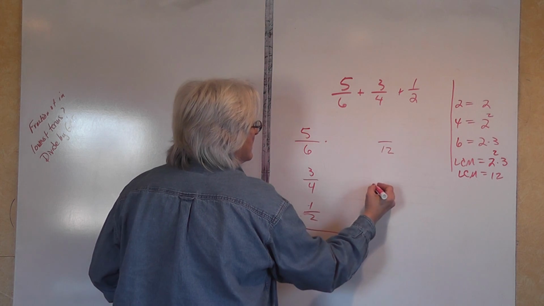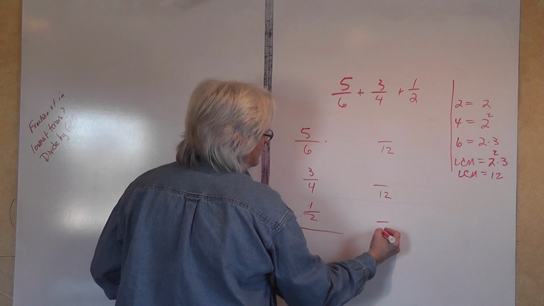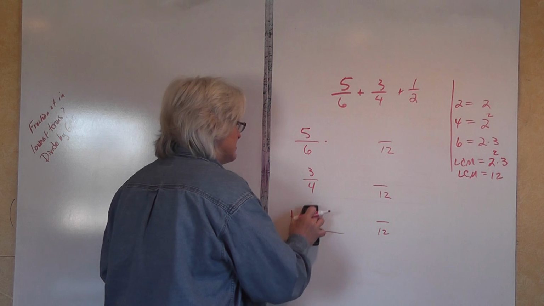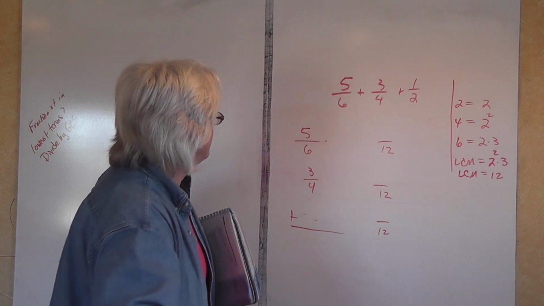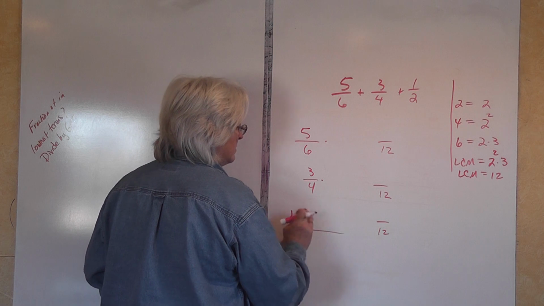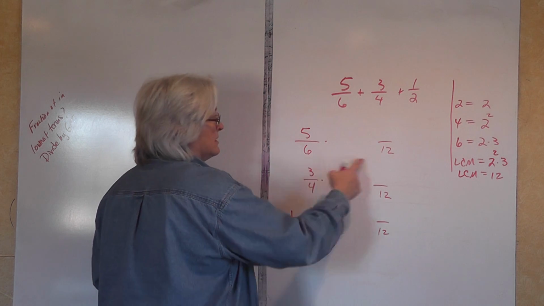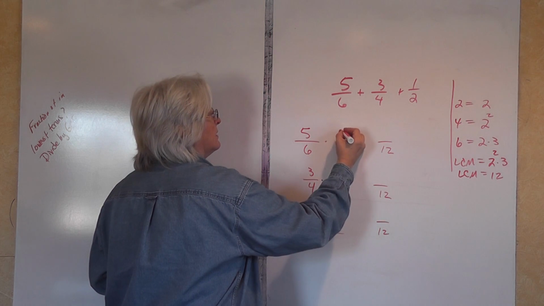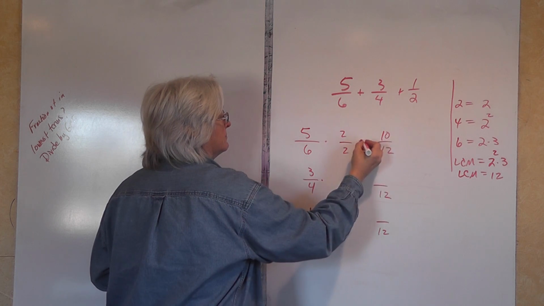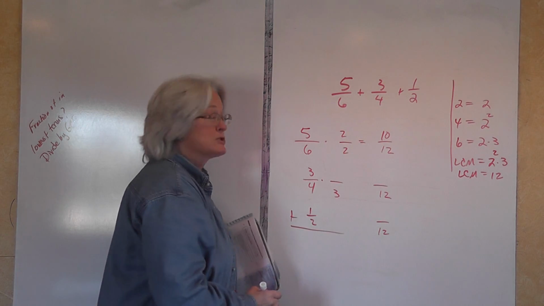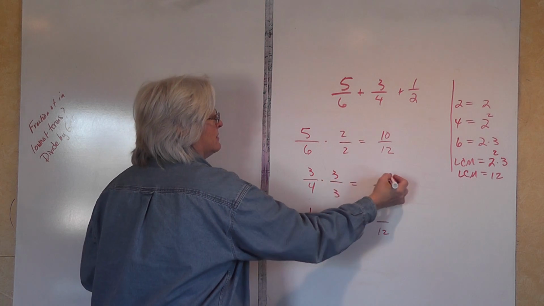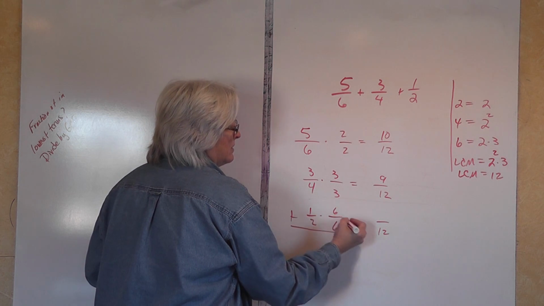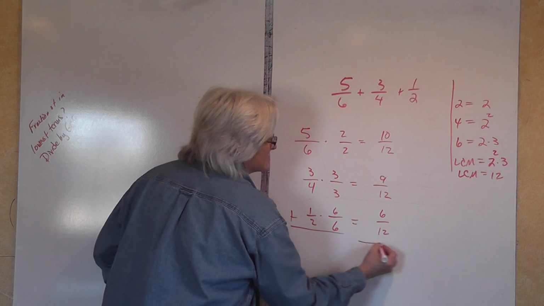We want to write each of these with a denominator of 12. 6 times what gives us 12? 6 times 2 is 12. 5 times 2 is 10. 4 times 3 is 12. 3 times 3 is 9. 2 times 6 is 12. 1 times 6 is 6.